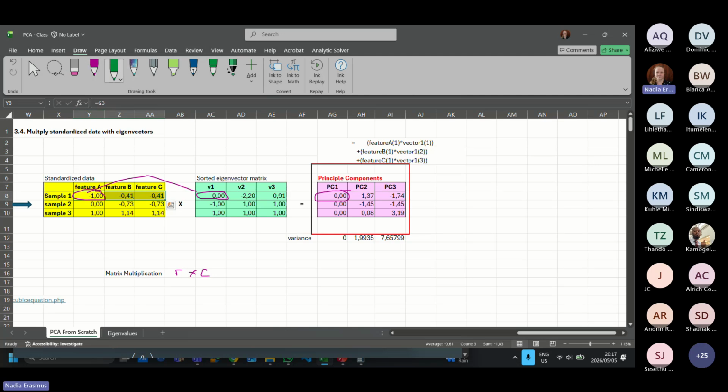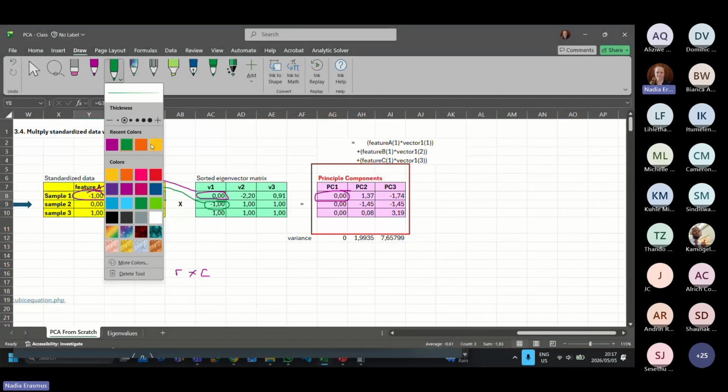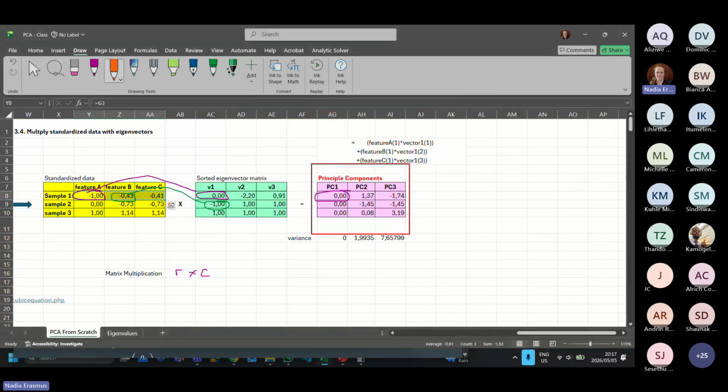We have green, so the second 2 multiplied together. Now we're going to add, and we're going to have our third value as well, so that we have one matrix. So this is basically the first matrix that you're looking at, or your vector.